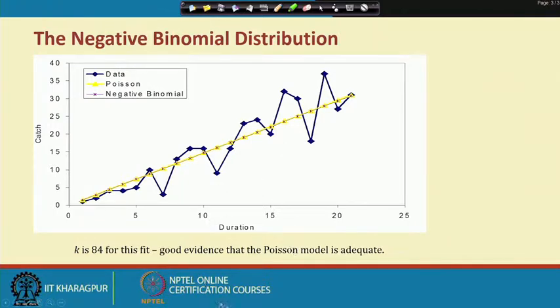So this is the differentiating point between the Poisson distribution and the negative binomial distribution. The yellow mark follows the Poisson distribution, and the blue one indicates the negative binomial distribution.